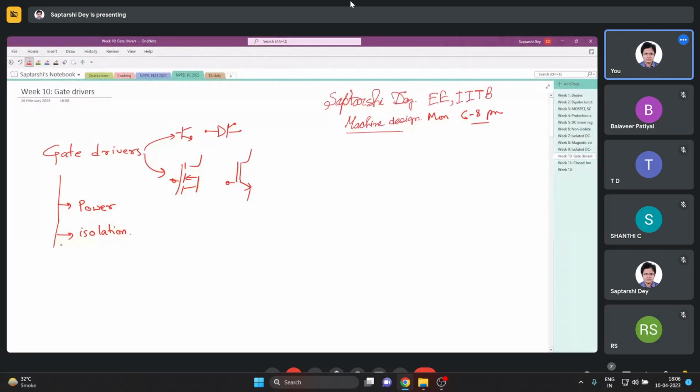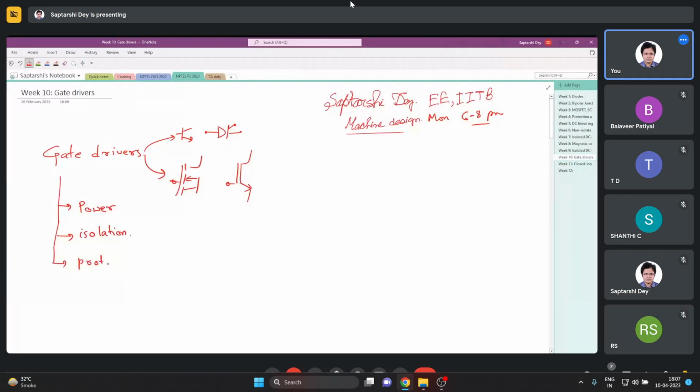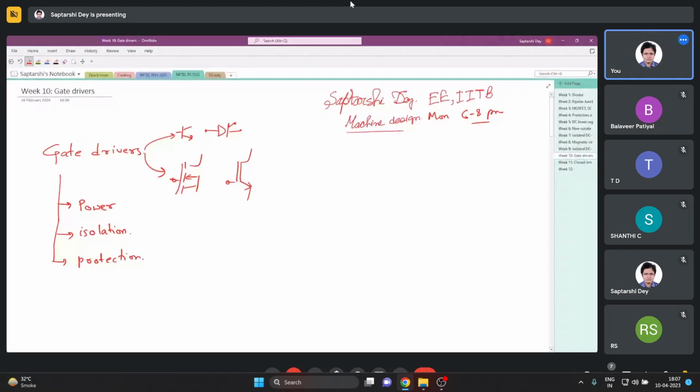And thirdly, what is required is protection of the devices. Now, in the lectures, mostly these two parts are covered. This is not covered. No, this is covered actually. There is an overcurrent protection, DSAT protection. So all of them are covered, I believe, for the requirements of gate drivers.